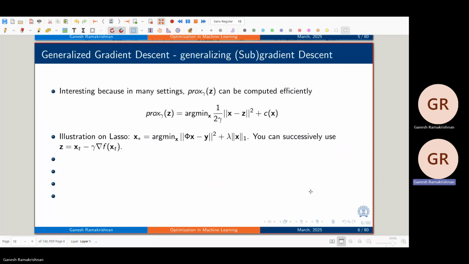Instead of calling it the solution, we are saying z. This is not xt plus 1. Our new xt plus 1 will be after the proximal step. See, this was the supposed xt plus 1. But now I'm calling the supposed xt plus 1 as z. That's all I've said in this slide. Because my real xt plus 1 will come only after the proximal step. Right?